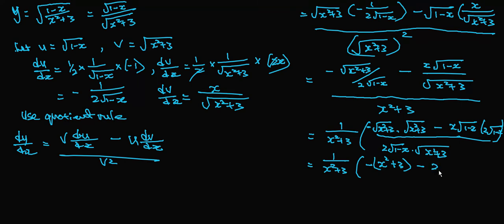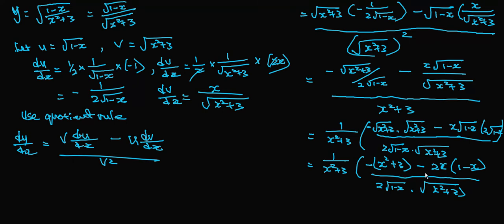So it becomes minus 2x times 1 minus x. Now, what do you have here? You have 2 square root of 1 minus x times square root of x squared plus 3.